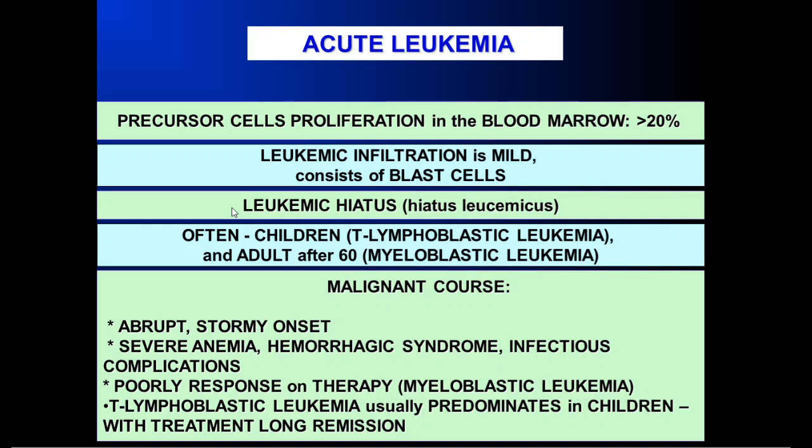And that's why in the blood we have still survived matured cells like thrombocytes, erythrocytes, neutrophils, that have already matured.